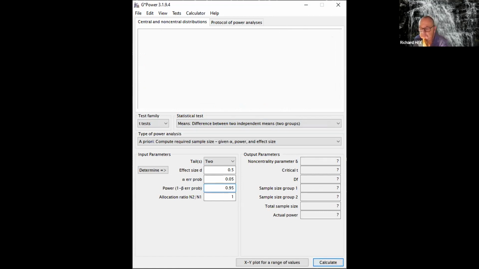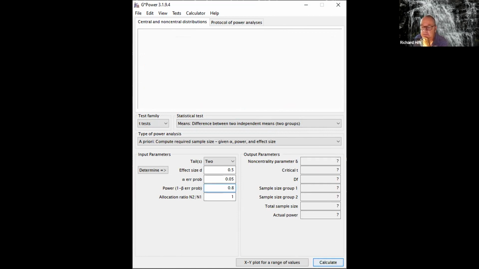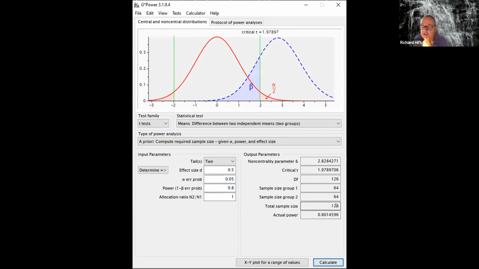I can do that. Trouble is, I now need a sample size of 210 to increase that power. So it went up from 0.8, okay, which is 128, to 210. To increase my power, my chance of showing significance.